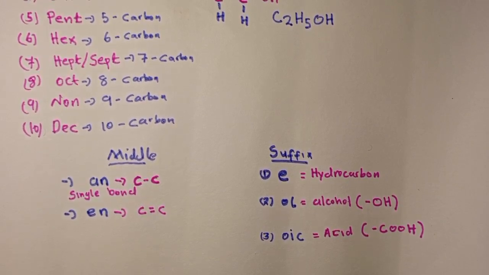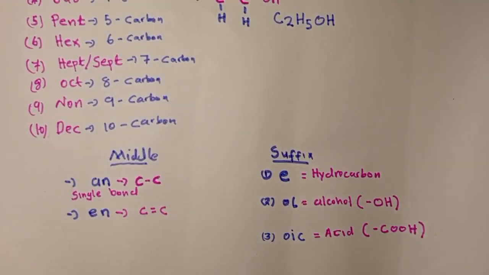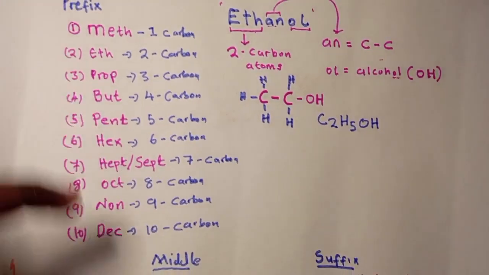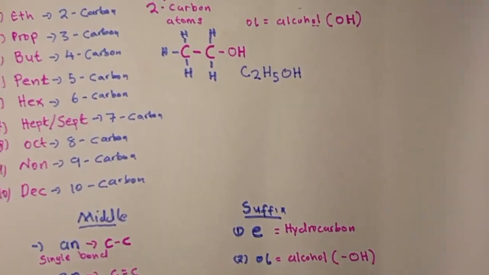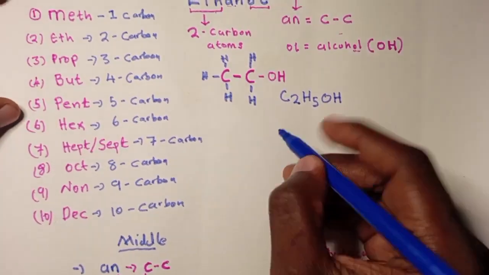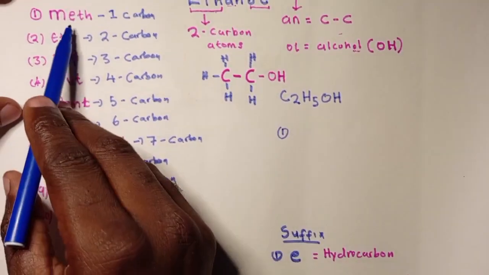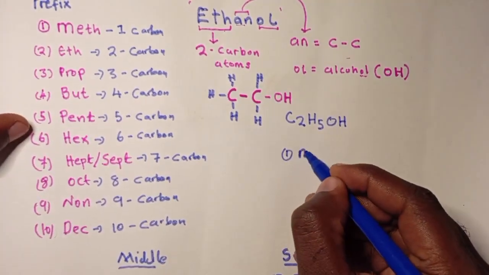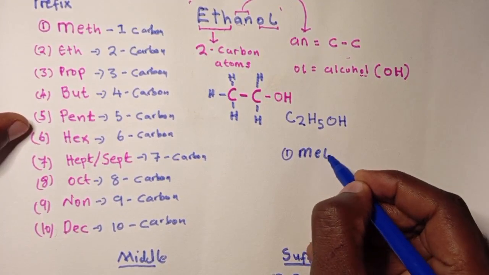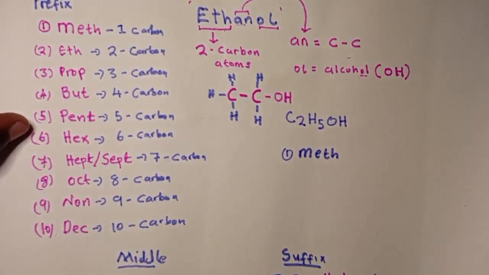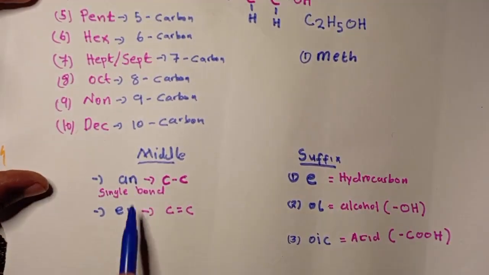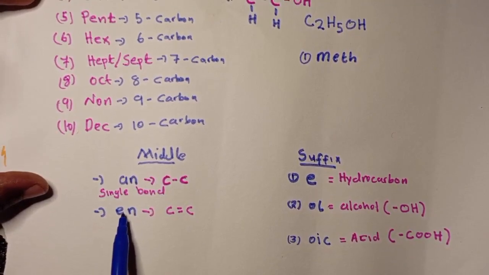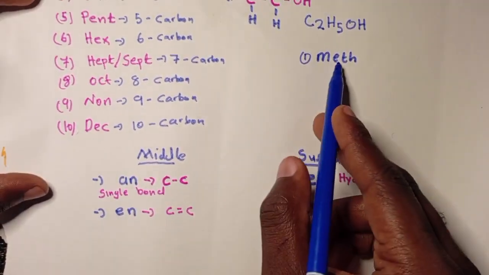So now here's what I'm going to do. I'll be getting prefix, middle, and the suffix. So for the first one, I'm going to get the prefix meth. I'll write meth. When I write the prefix meth, I'll go, which middle should I get? This one won't exist, and I'll explain why you can't use this. This one cannot be used with meth.